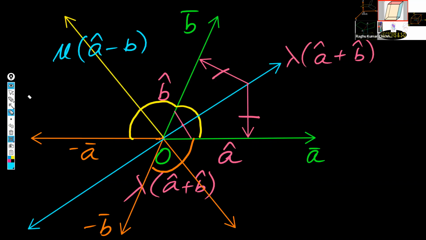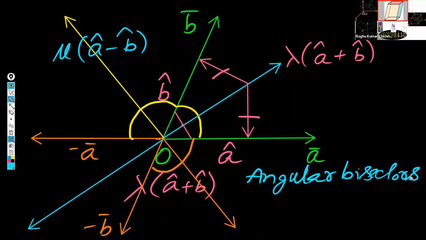Do you understand what I'm saying? Correct? So the conclusion here: angular bisectors of A bar and B bar.